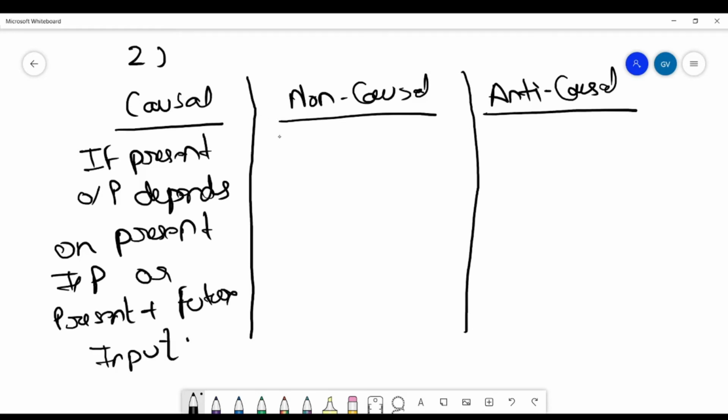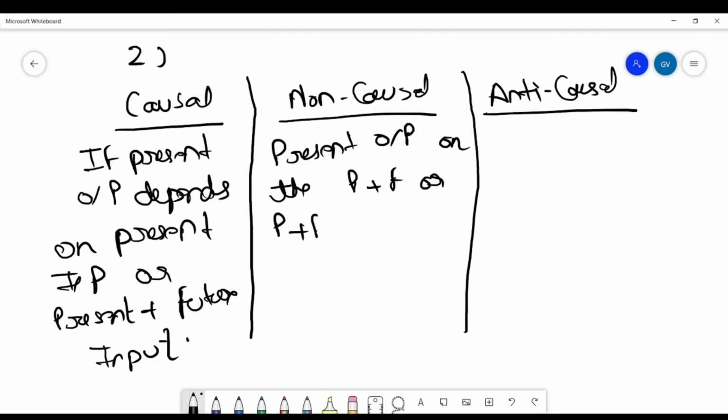Coming to the non-causal, if the present output depends on the present plus future, or the past plus future input, then the given system is a non-causal system.